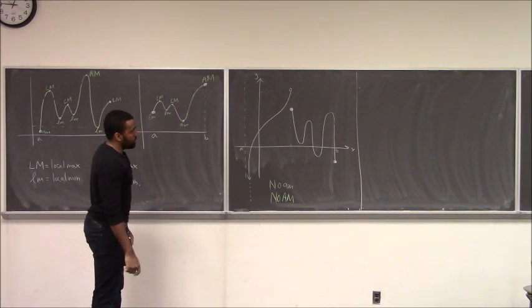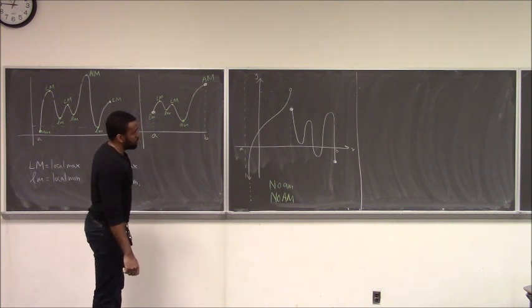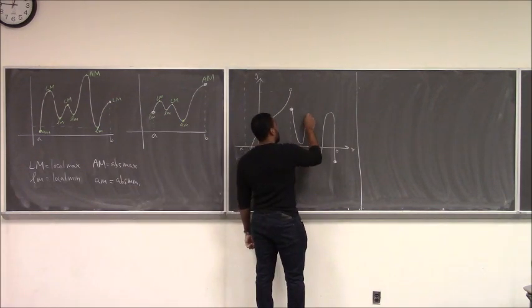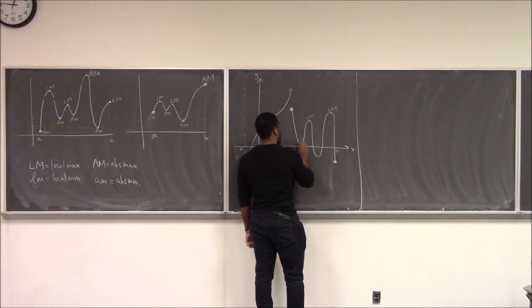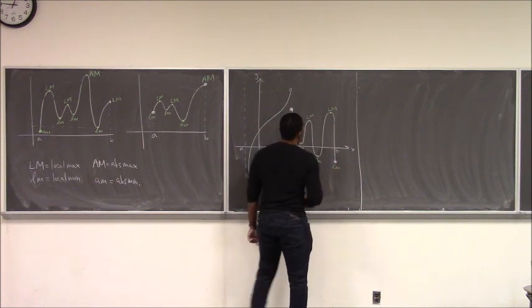We do have a bunch of locals though. This would be a local max, local max, local min, local min, local min.